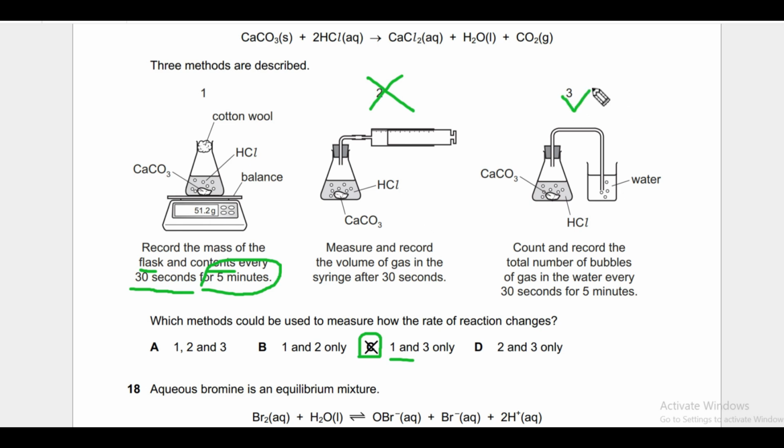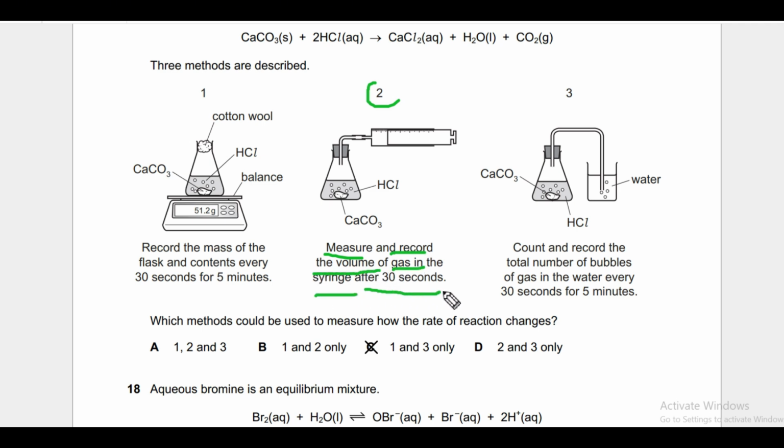And also 3 is right. Why? Count and record the total number of bubbles of gas in the water every 30 seconds for 5 minutes. For 5 minutes you count the number of bubbles. But 2 is wrong. Why? Because measure and record the volume of gas in the syringe after 30 seconds.